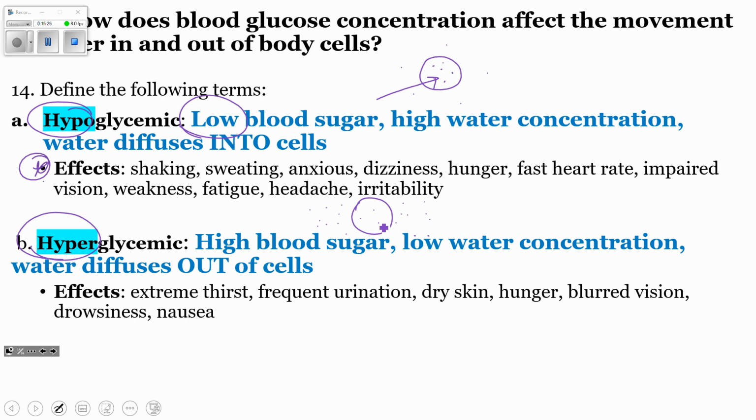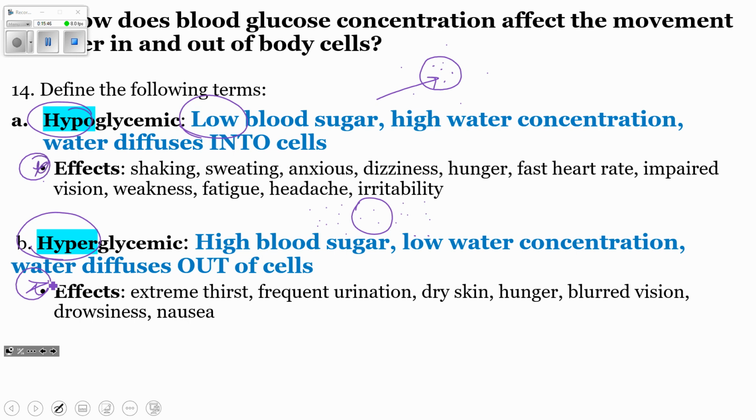If your cells don't have enough water, these effects should make a lot of sense, right? You're going to be thirsty. Your cells are dehydrated. And because your cells are dehydrated, that's because water has been moving out of your cells and going into your blood. The blood then gets filtered by your kidneys, and you're going to have to urinate more frequently than someone who's not experiencing hyperglycemia.